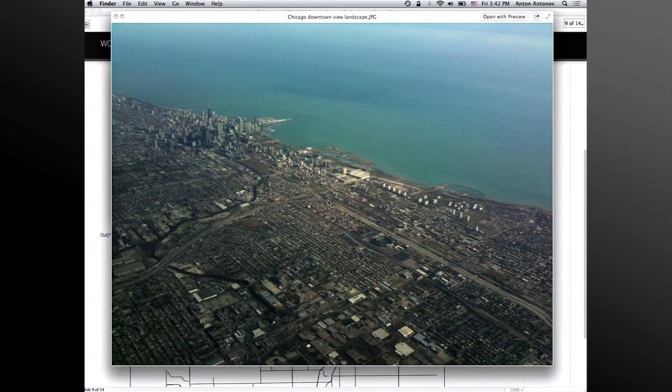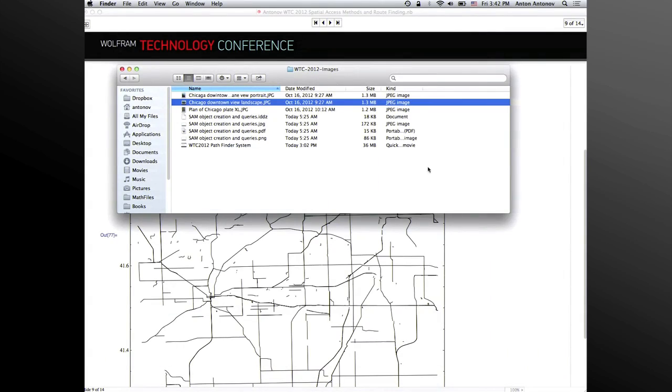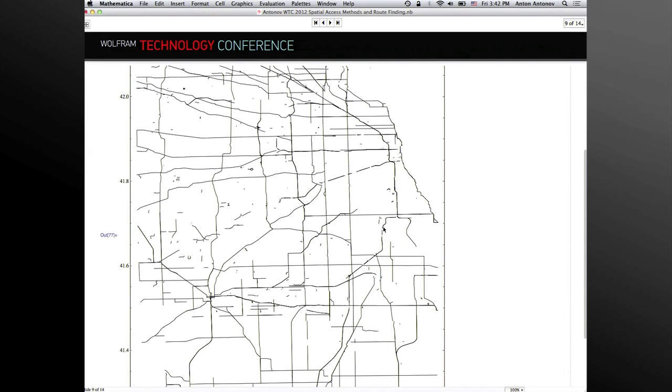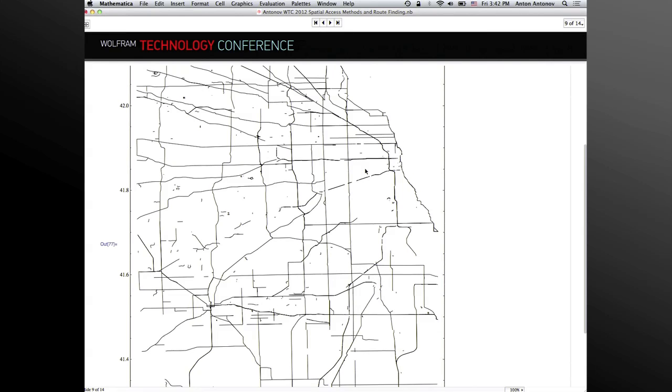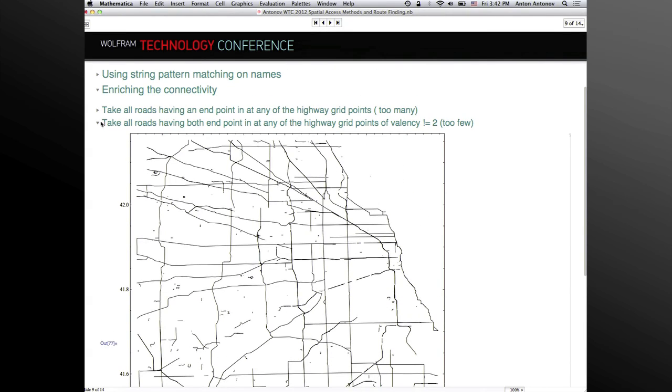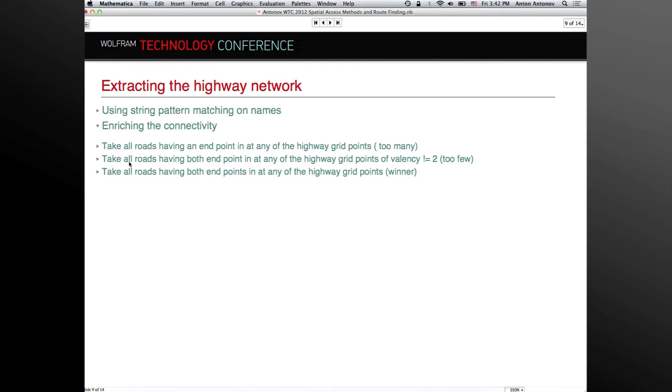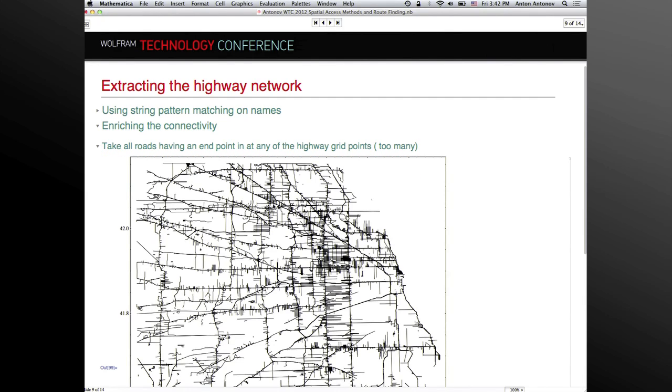So I'm extracting the major roads or whatnot, but you see, they're not well represented. Oh, sorry, it's here. It's not well represented. This is disconnected. So you need to find a way to connect it. And we can take several approaches. You can take all segments which have at least one point on the coarse grid you have extracted.